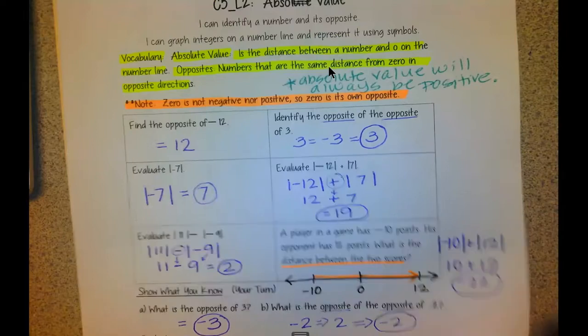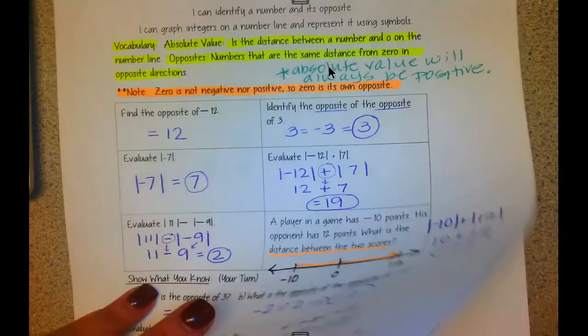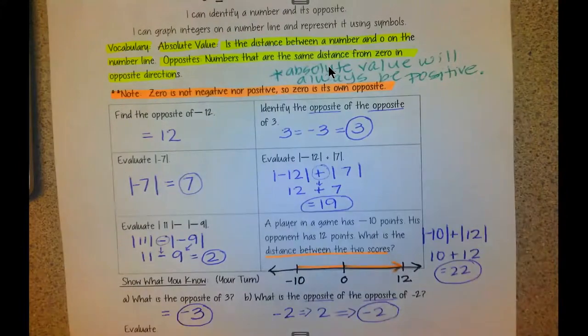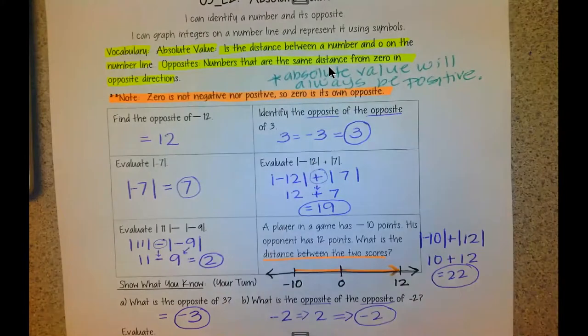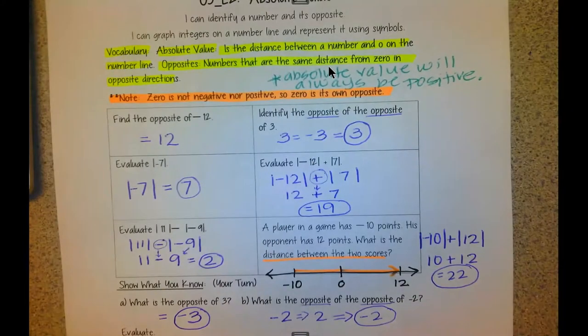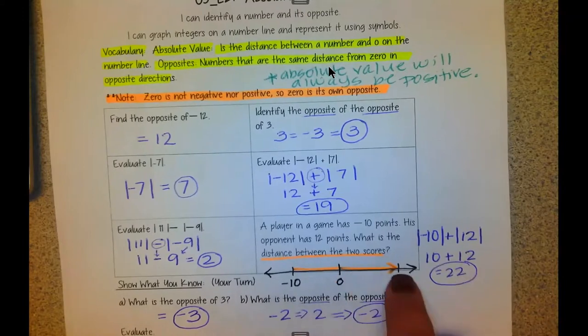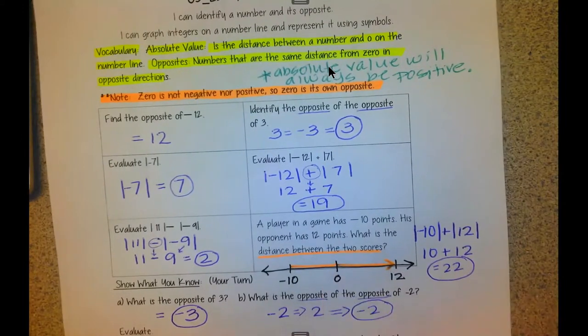I don't have it with me here. It just talks about having an absolute value, and for you to understand that no matter what, on a number line, the absolute value of negative 10 will be 10. The absolute value of 12 will be 12. It's just the distance from that number to 0.